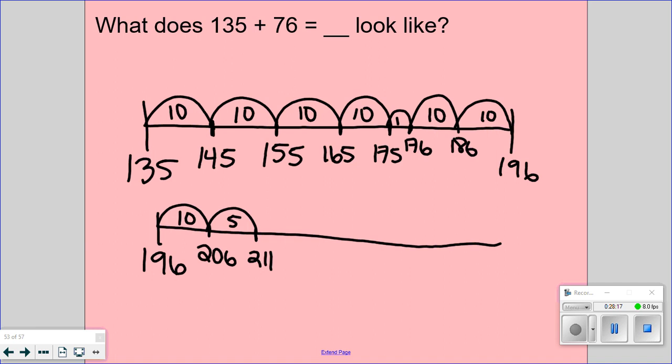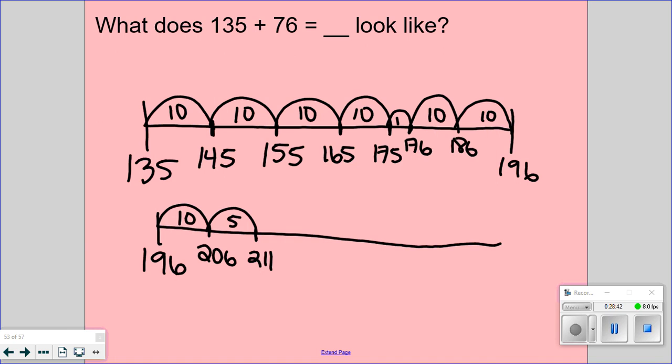Don't forget John added a 1 in the middle. So how far have we gone? We've gone 76, so now what do we do, Zach? Yeah.